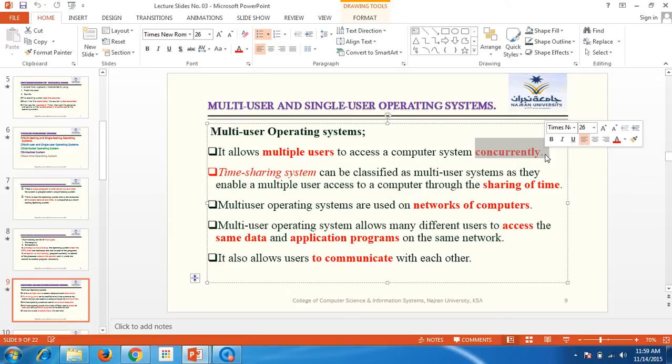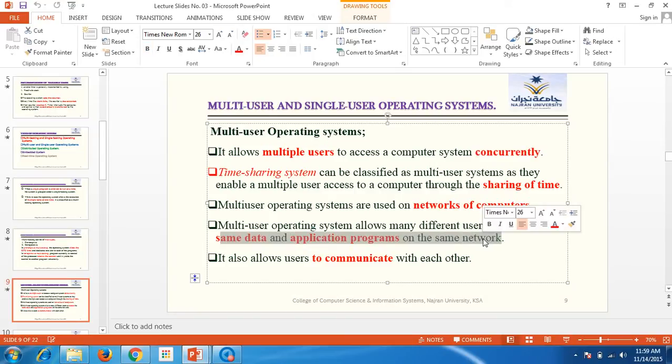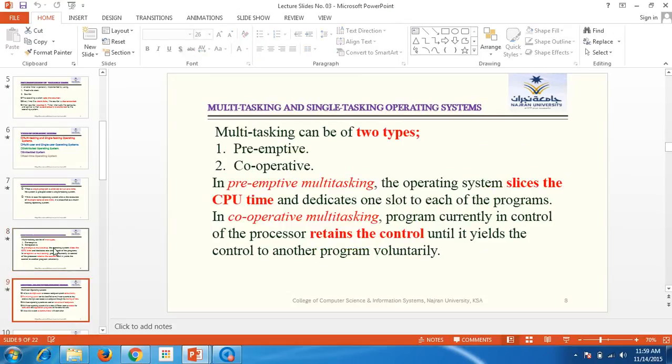A multi-user operating system allows many different users to access the same data and application programs on the same network. It is also used to communicate with each other.